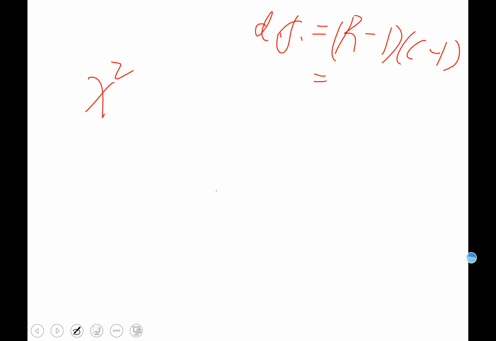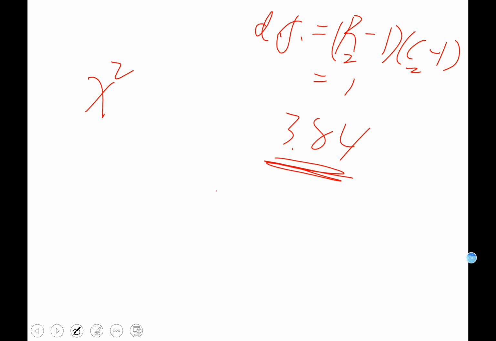So in a 2 times 2 table, the df is 1. So when df equals 1, its corresponding critical chi-square value is 3.84. In our class, we have mentioned that you need to remember this critical or standard chi-square value.